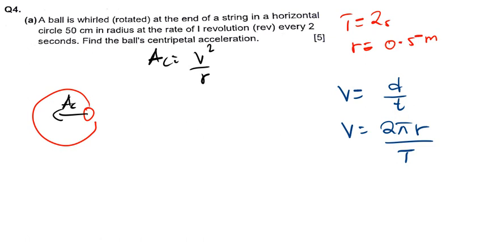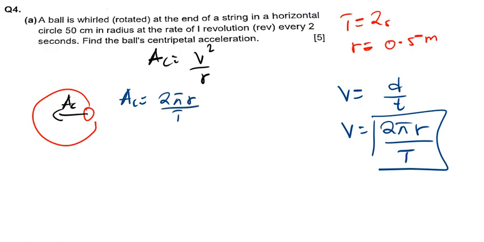If I want, I can come back and plug in the value, or I can just plug this formula in for v. Say a_c is equal to 2 pi r divided by t, and all of this is squared, divided by r.